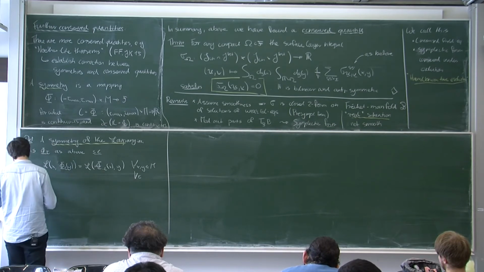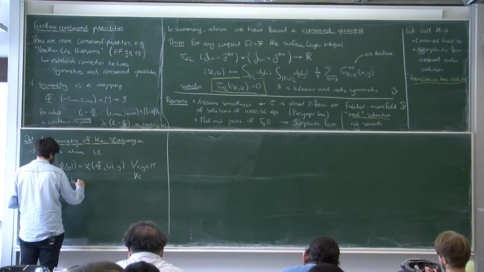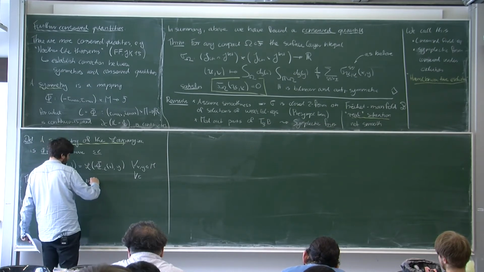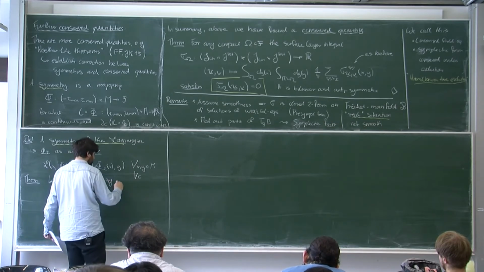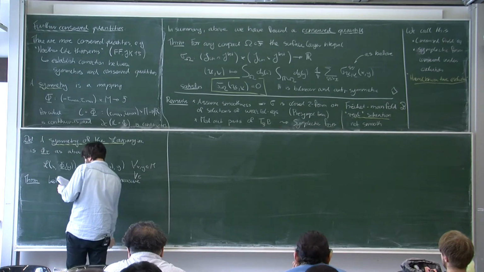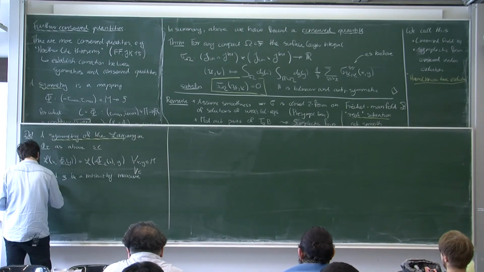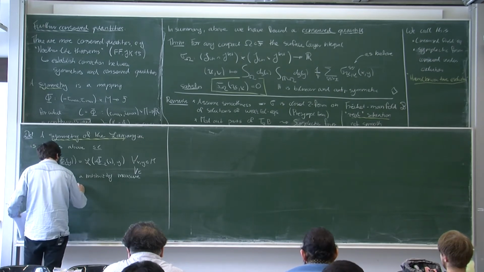Okay, so let rho be a minimizing measure, and phi tau a symmetry of the Lagrangian.